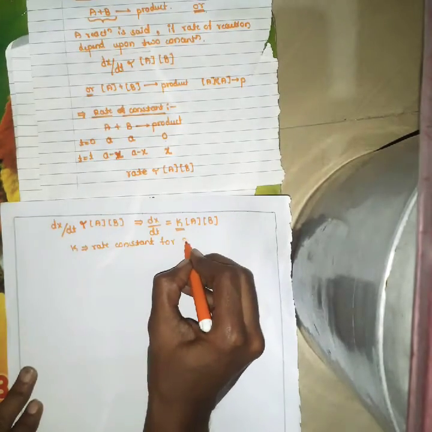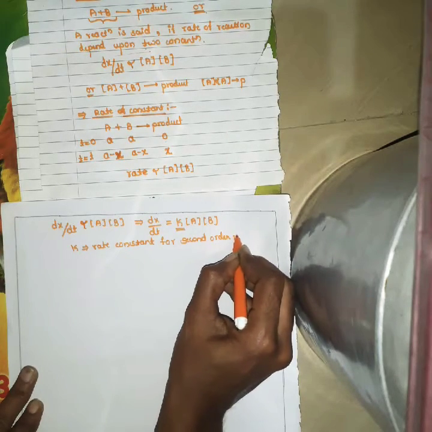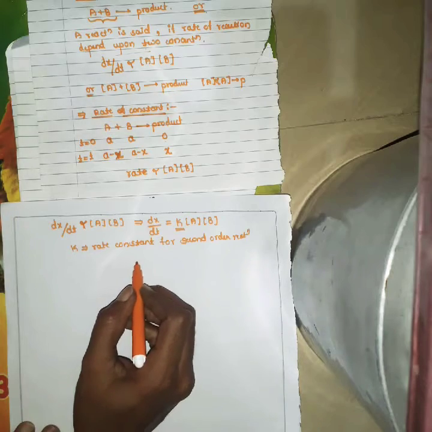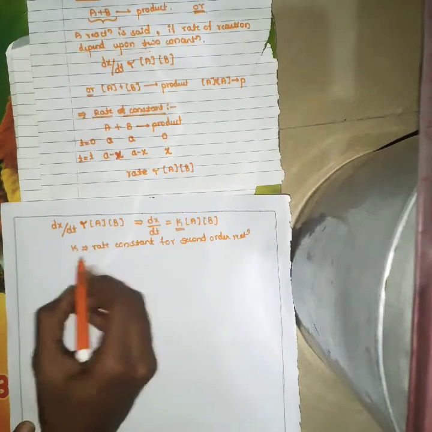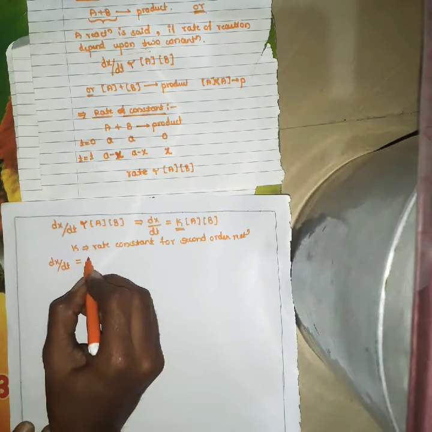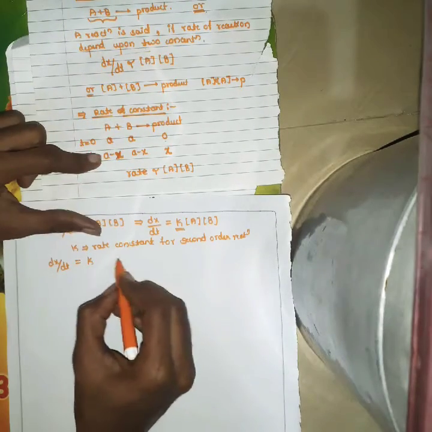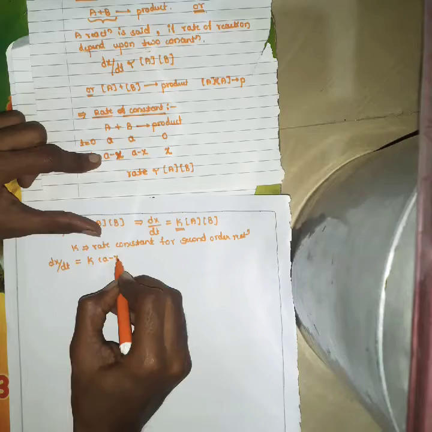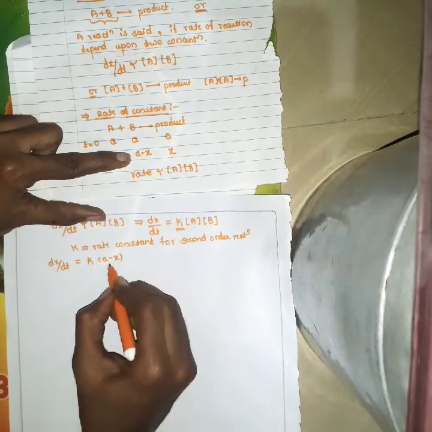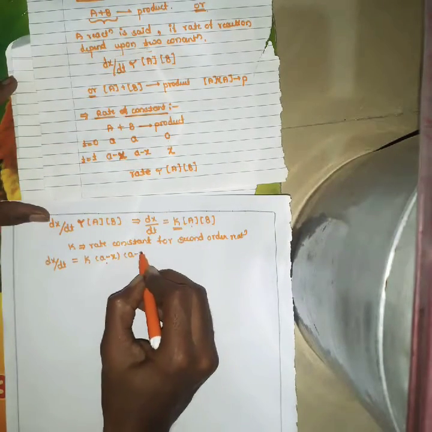K is called the rate constant for second order reaction. This is dx by dt equal to k into concentration of A. Concentration of A is a minus x, and concentration of B is also a minus x.